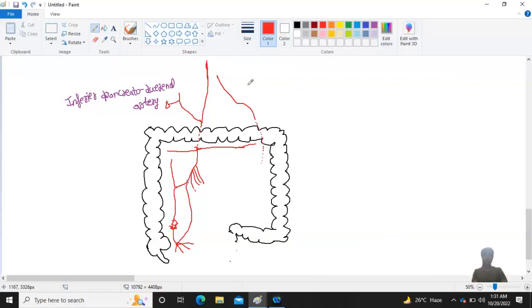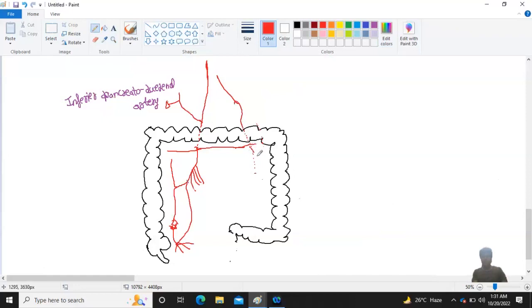These arteries descend behind the transverse colon.